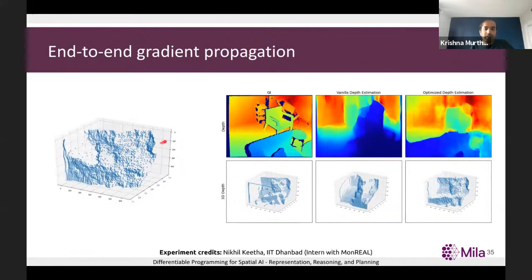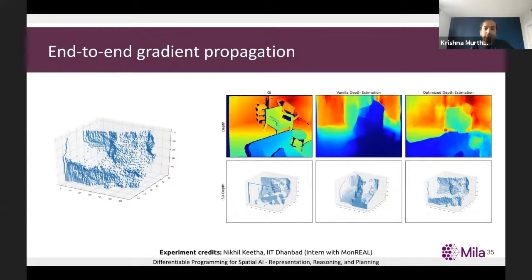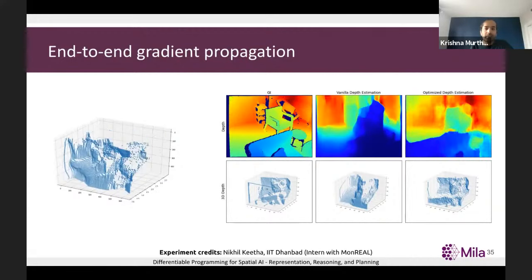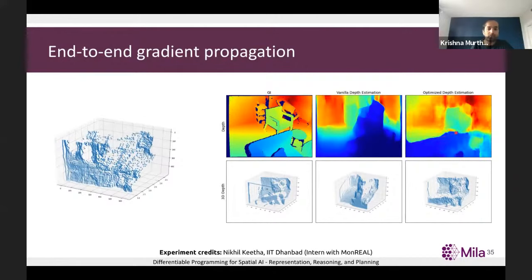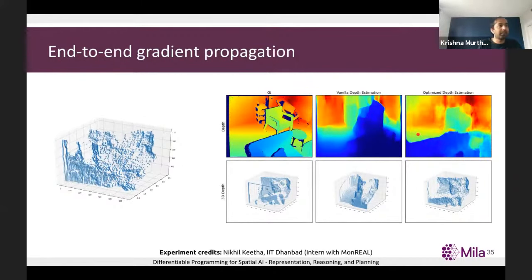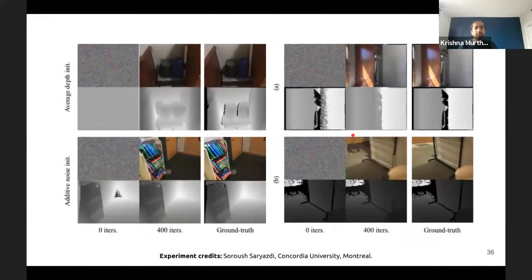But using Grad Slam, you can optimize, and after a few iterations, you can already see the chair beginning to take shape, and the edges and contours of all of the other furniture in the scene. If you run this for a while, even with noisy RGB and depth initializations, you get very accurate optimized RGB and depth estimates. And on the right, you see the ground truth.